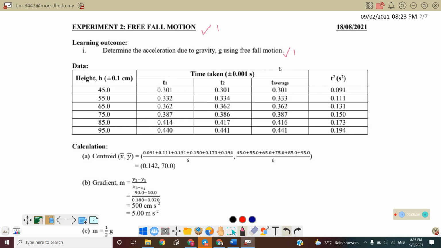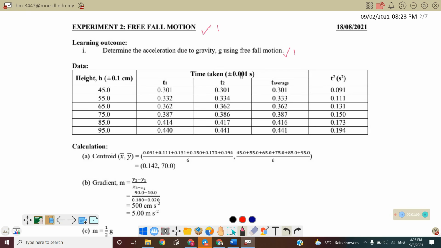Okay, next we are going to refer to the data. Height and time taken, we call it primary data, where we use the apparatus to do the measurements. Based on the data that we get, where for H we use a meter rule, we need to write the uncertainty, meaning we must write plus minus 0.1.